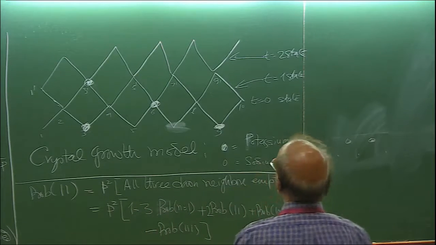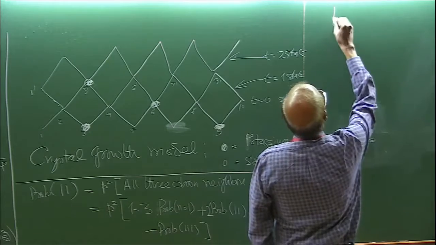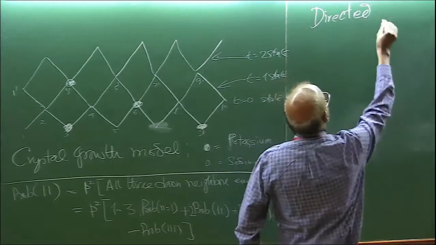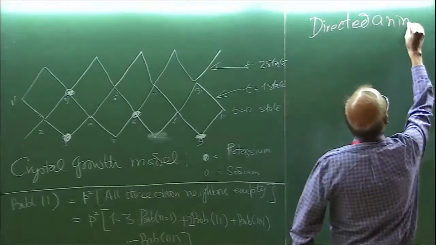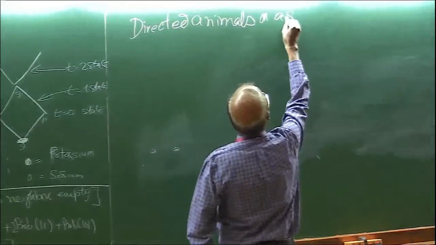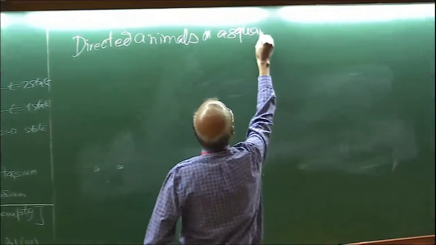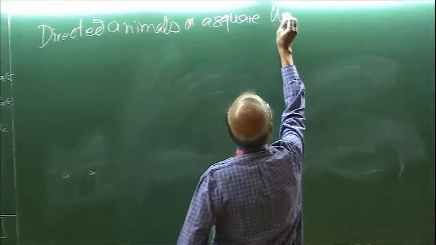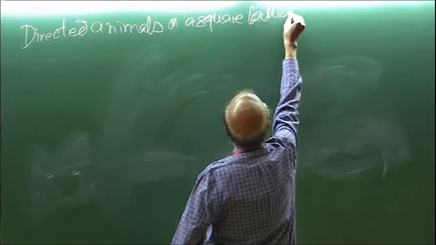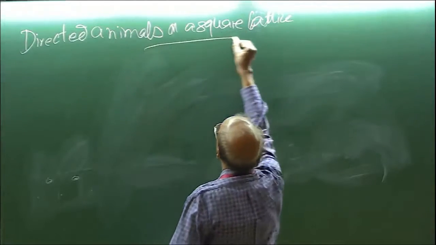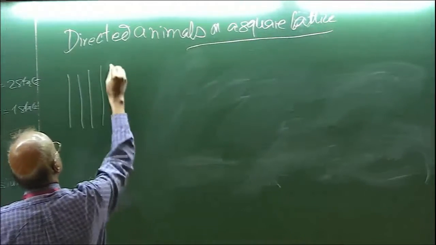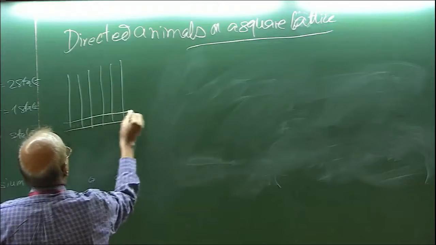Okay, very good. So now we come to this problem of directed animals on a square lattice. So we defined the problem that you have a lattice. There is the origin.